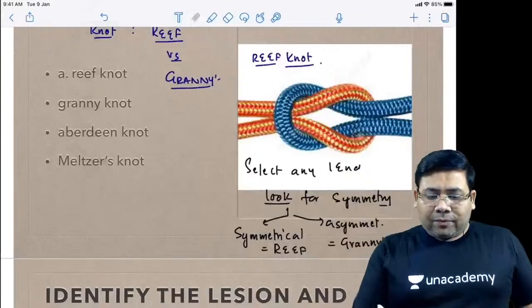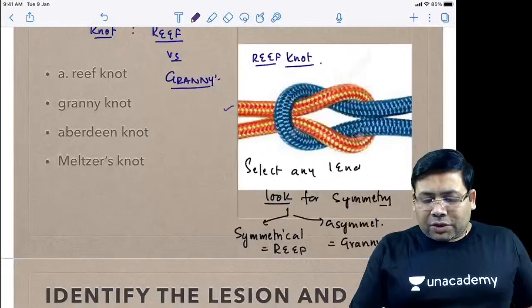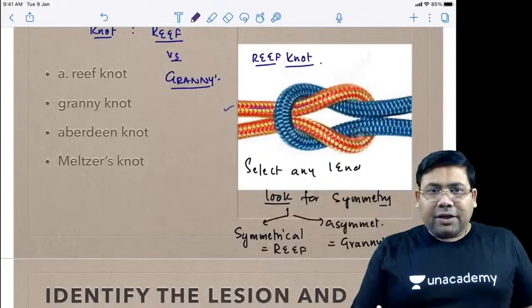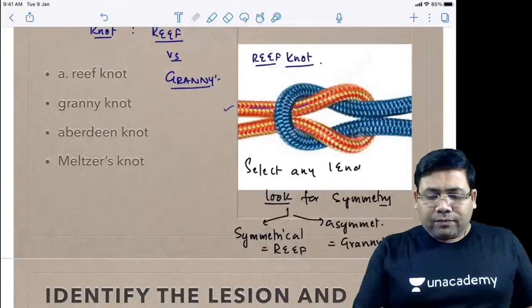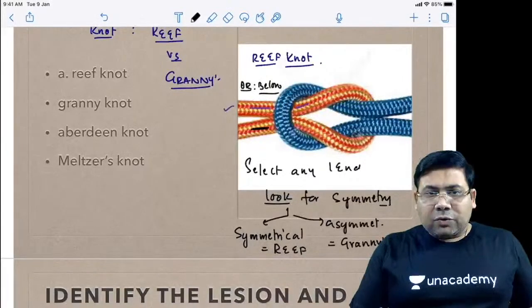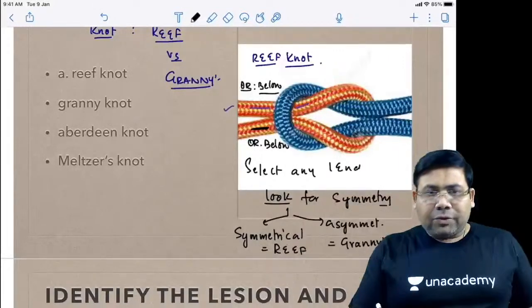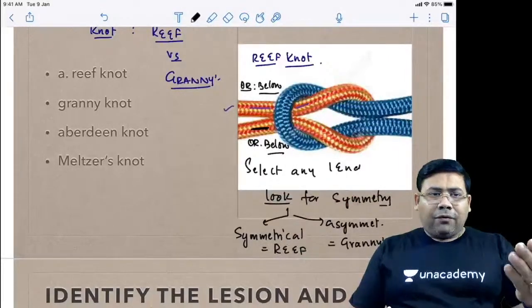Now in this knot, let us select this end. If you see, the orange thread is below the blue. Here also, orange is below the blue thread. So above and below.